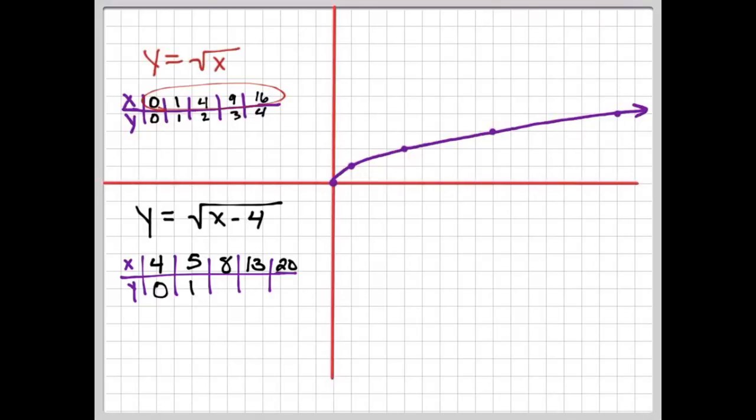And what's the square root of 4? 13 minus 4, 9, and the square root of 9? 20 minus 4, and the square root of 16? 4. So notice that our y values are exactly the same. All of our x values are 4 more. That makes sense? We had to make this 4 so that when we plugged it in here, it would behave like this 0.